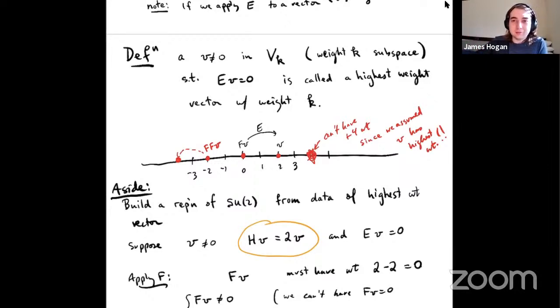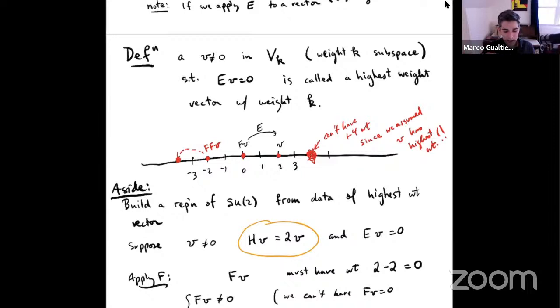E kills V, but... So the answer to your question is that there could be. However, we are assuming that our representation is irreducible. And that means that if there were, then we should be able to get to it somehow.